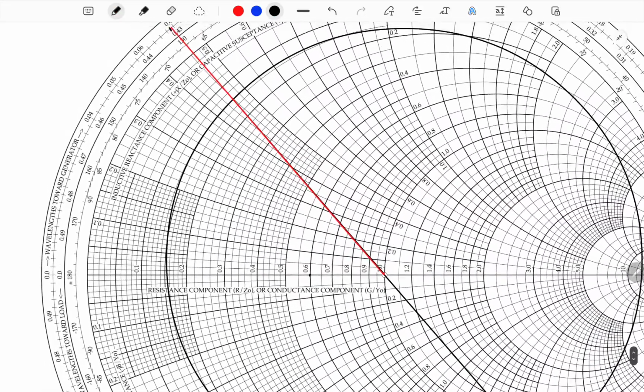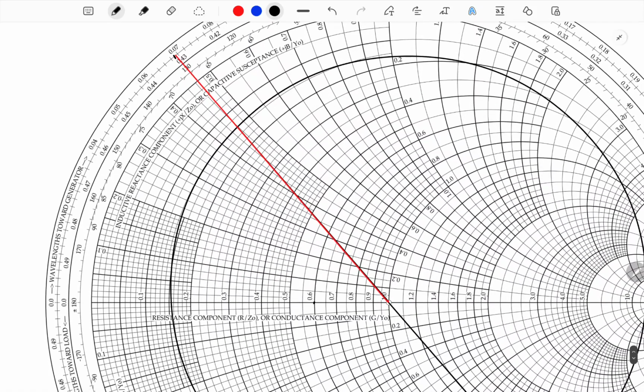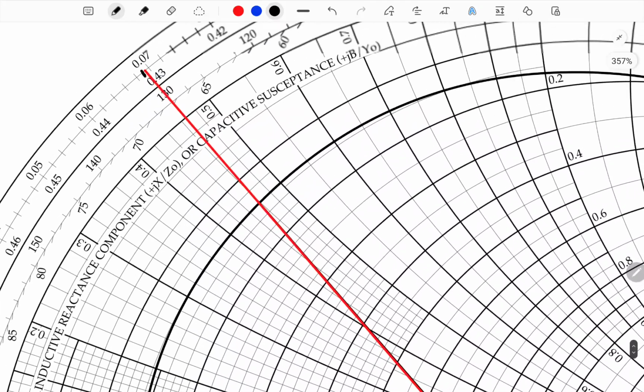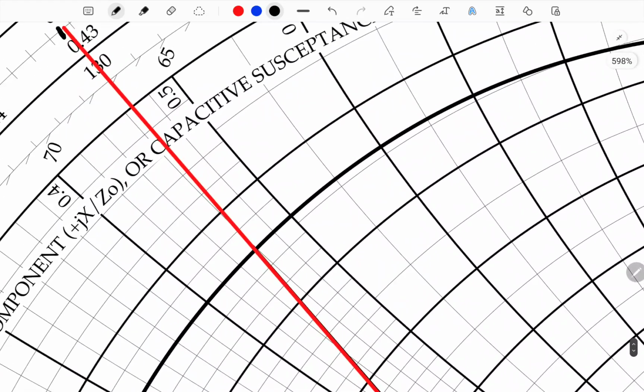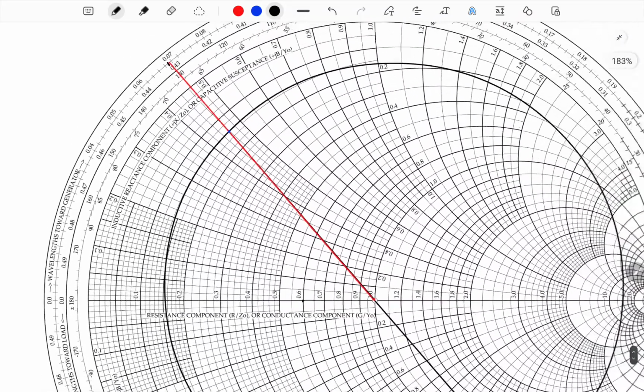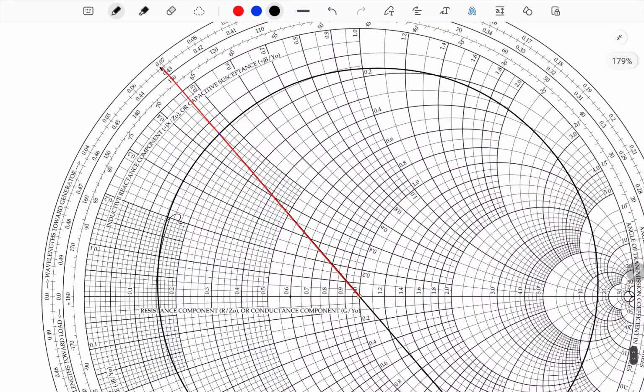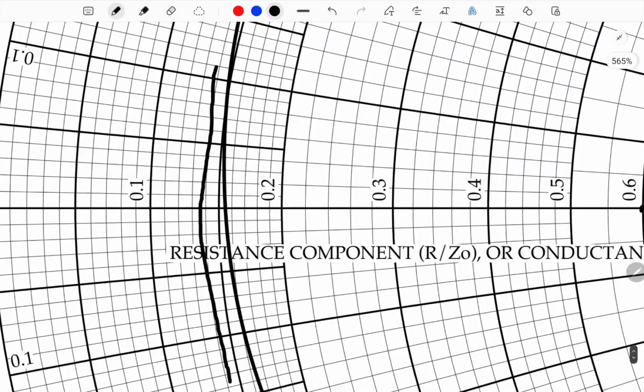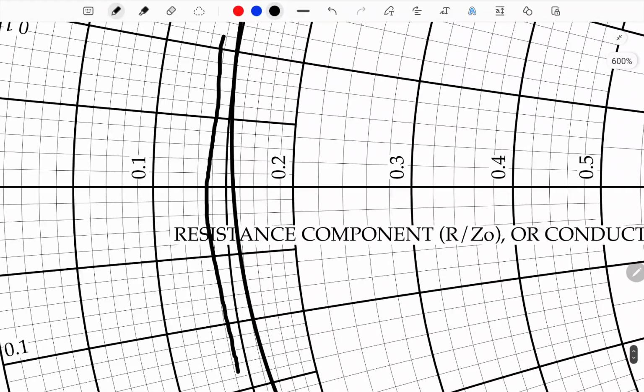Now I look at the resistance circle. I can see that it lines up right here. So at this point we go down this line.